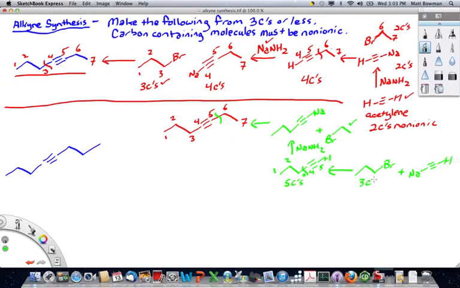This 3-carbon piece follows the rules. We can stop there. This is ionic, so again, we have to make him. So we can't stop on this side. There. This is now, again, 2 carbons, non-ionic, we can stop. So either the green pathway or the red pathway will give us the same product. Both of them are equal.